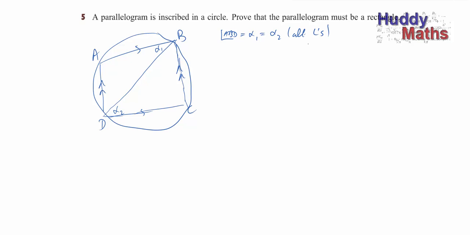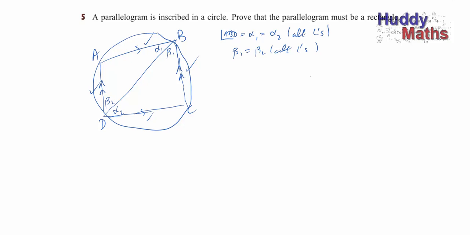And I haven't looked at the to prove line, which makes it a rectangle, so we'll have to show the angles in the corner are 90, won't we? Now, we haven't done that, we've used those parallel lines. Let's use these parallel lines, and we can say there that beta 1 equals beta 2, and that's alternate angles as well.